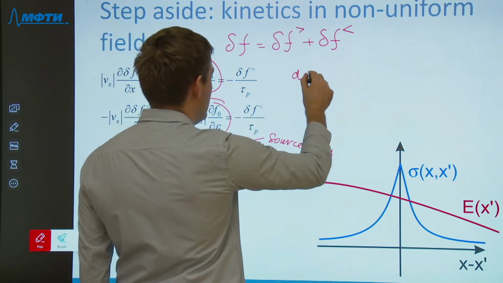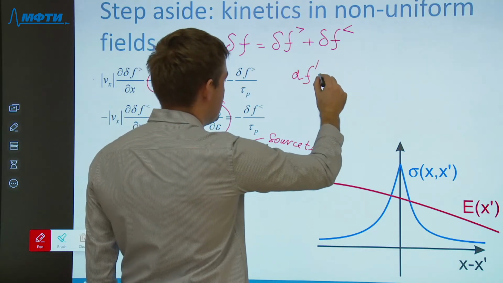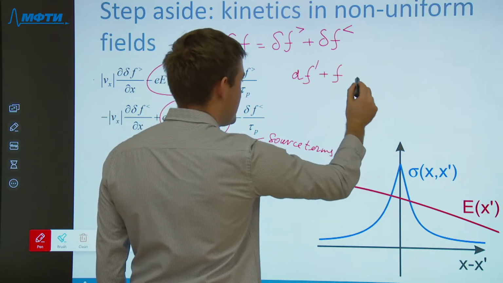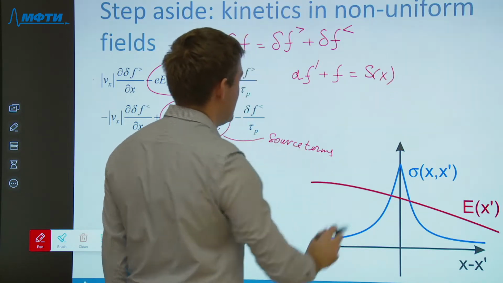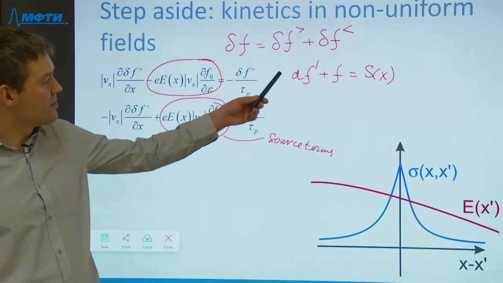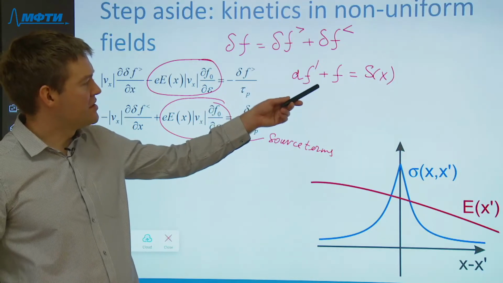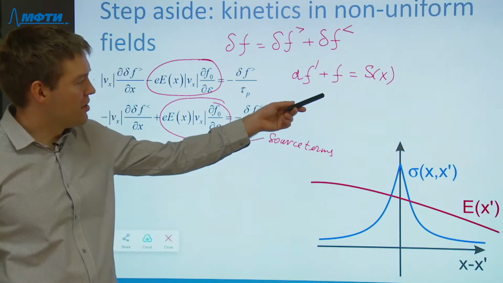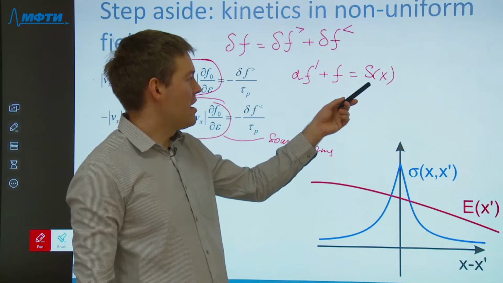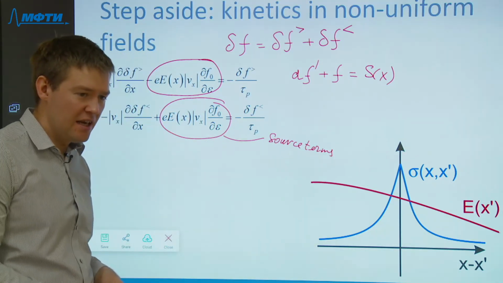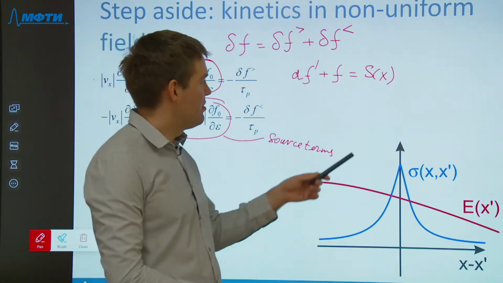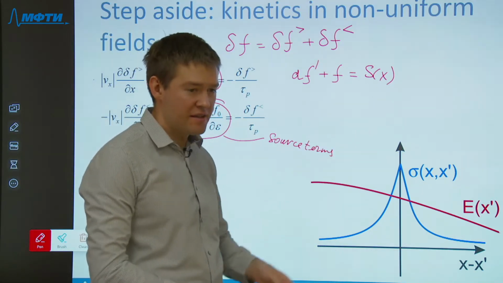I hope you were able to solve this in the course of differential equations: a constant multiplied by the first derivative plus a function without derivative equals some known function s. This is solved exactly for any type of function s.